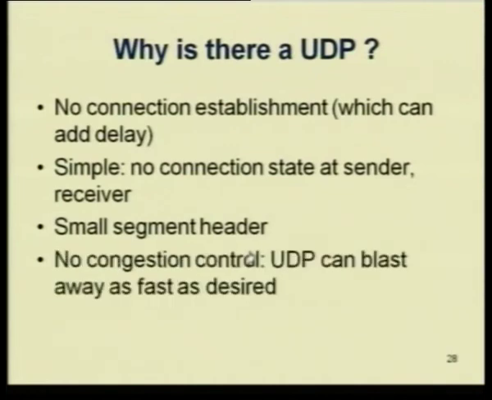When I want a small segment header and do not want to worry about congestion control, I just want UDP to blast away as fast as desired. UDP just starts sending data, does not worry about what is there in the network, whether it is congested or not, just keeps sending data.